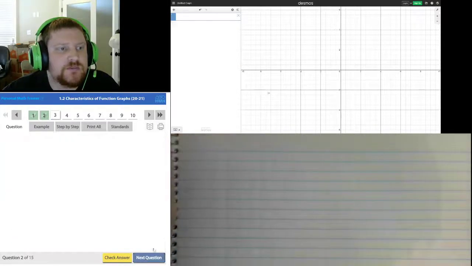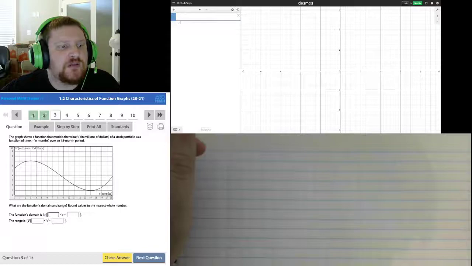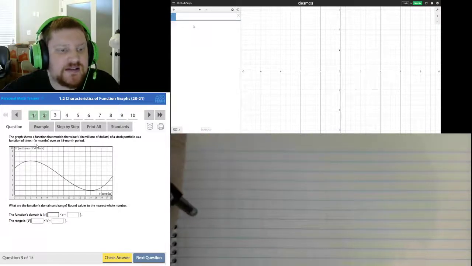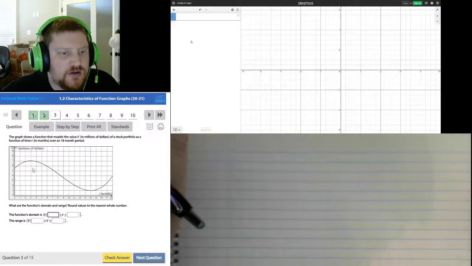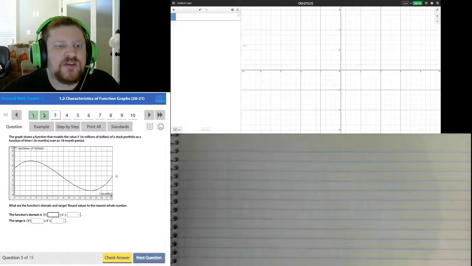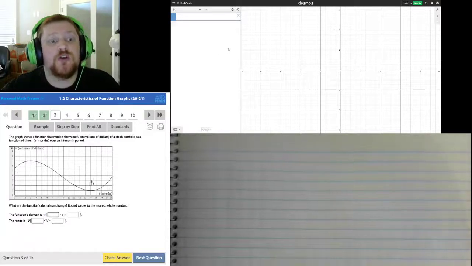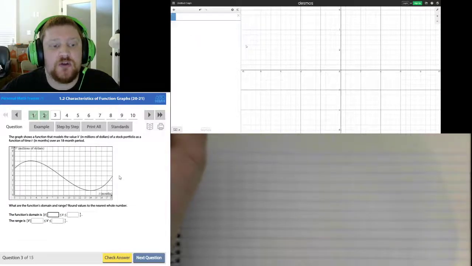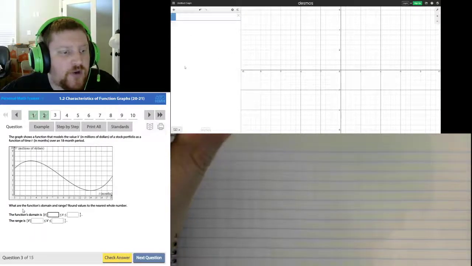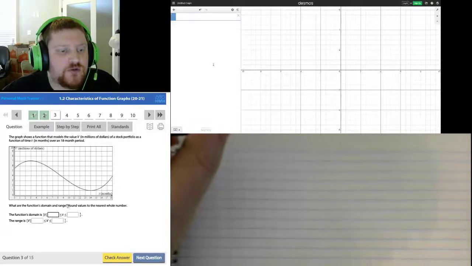Correct. Number 3, graph shows the exact same header, different graph. So this graph, by the way, this is one that we didn't study, and you will not study it unless you take pre-calculus. This is called a sinusoidal graph. What are the function's domain and range, rounding values to the nearest whole number?